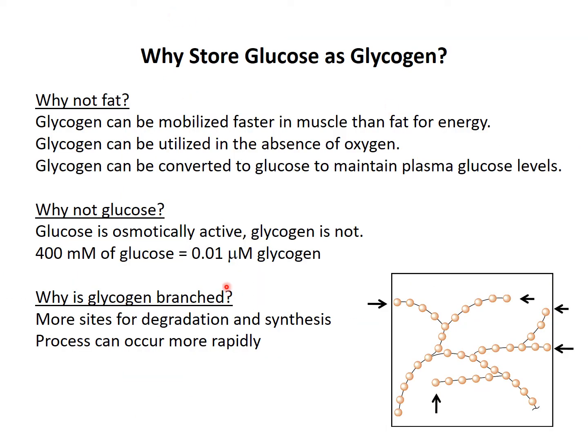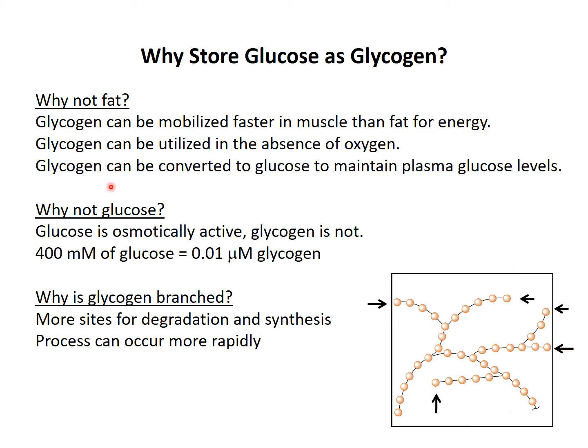So why do we need the branch? To be able to put away more than one glucose at a time, because one amylose chain would be able to accept only one glucose, and also liberate lots of glucose molecules from all of these non-reducing ends at the same time.